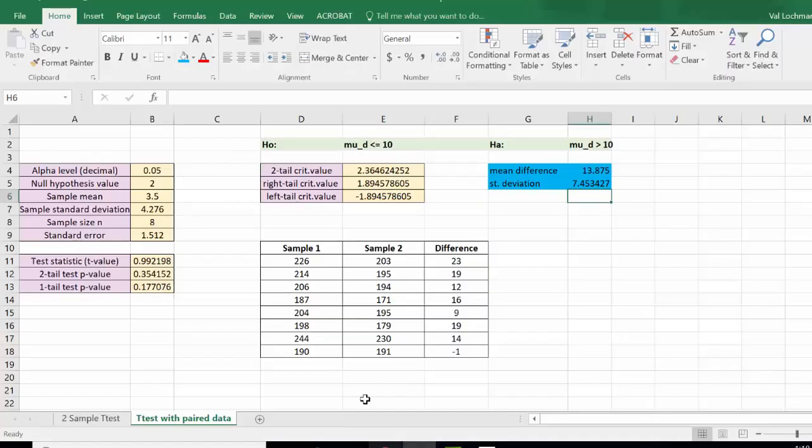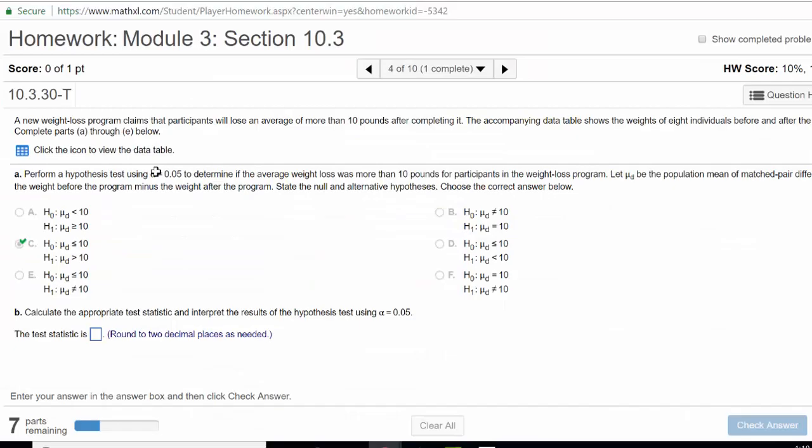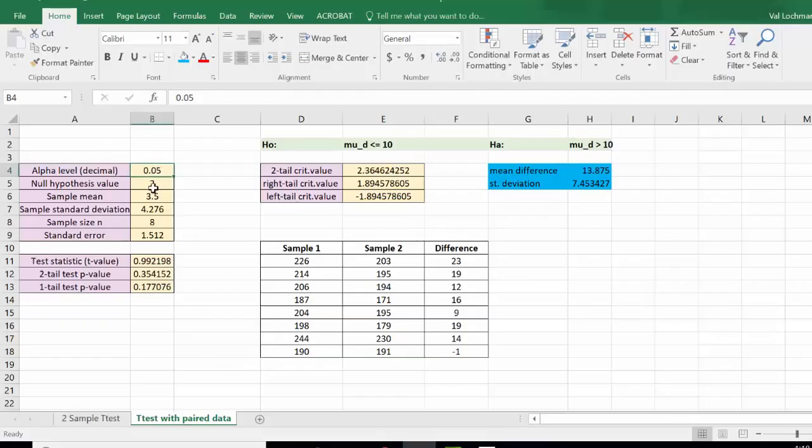Let's go back to our file. What is our alpha level? 0.05, so that's good. The null hypothesis is 10. Sample mean is 13.875. Standard deviation 7.453. 8 is still the sample size. So our test statistic is 1.47.